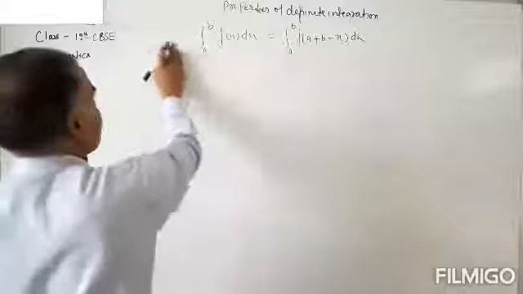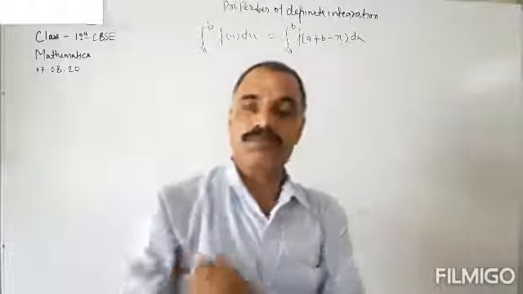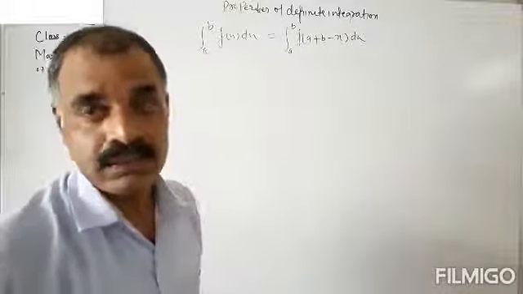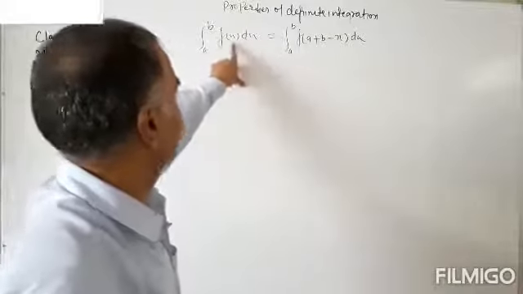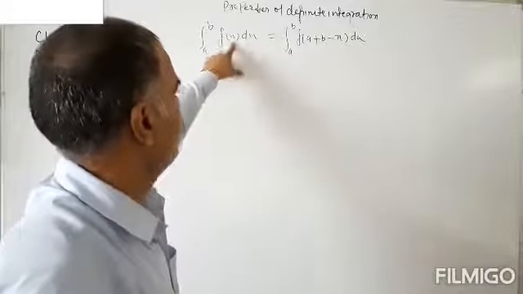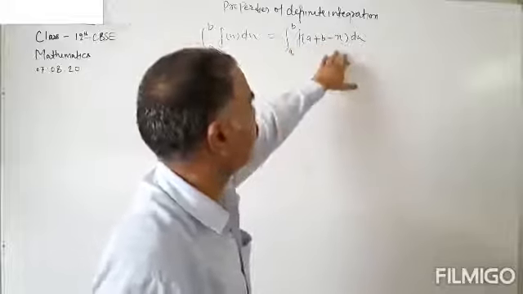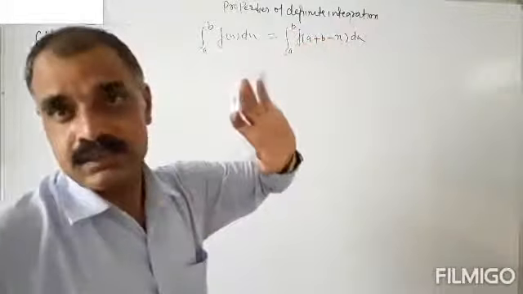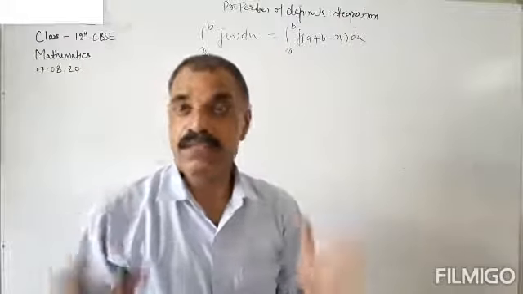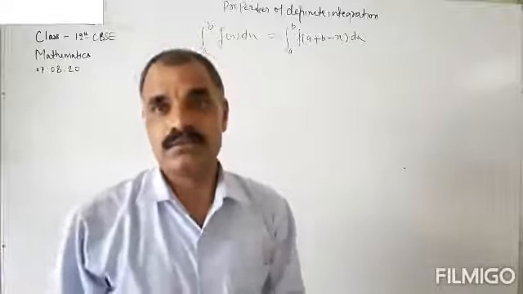So this is the next property in the sequence of properties of definite integration. The variable x can be changed into a + b - x, that is lower limit plus upper limit minus x, and the definite integration will remain the same, the value will not be changed.